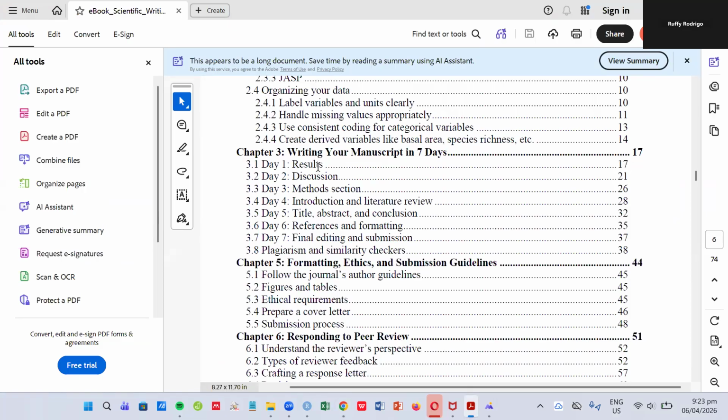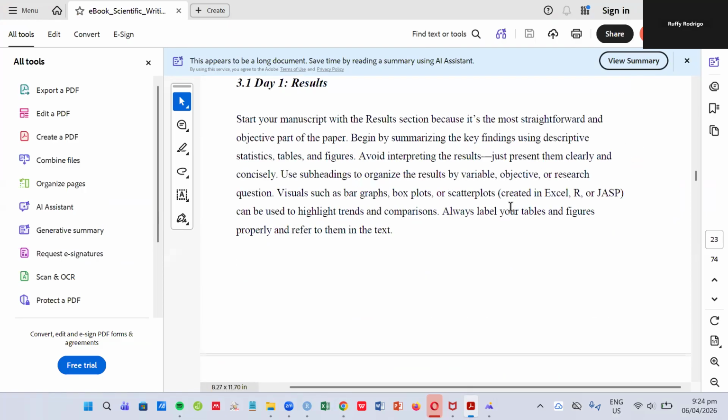I would say start your manuscript with the results section because it's the most straightforward and objective part of the paper. Begin by summarizing the key findings using descriptive statistics, tables, and figures. Then present them clearly, and you are ready to write your results.